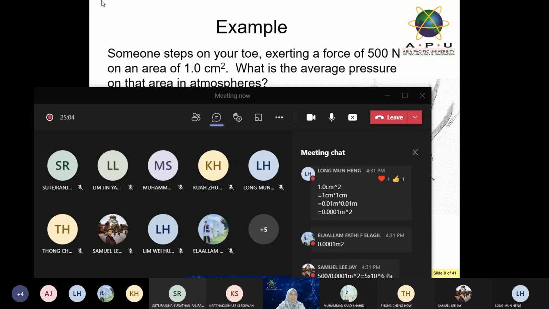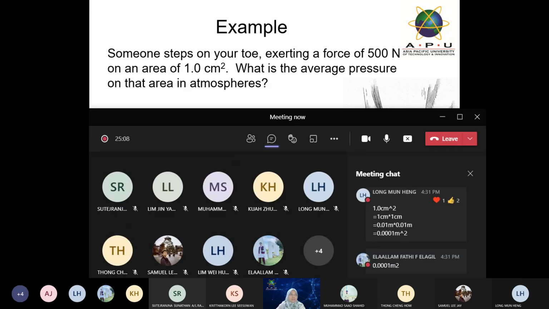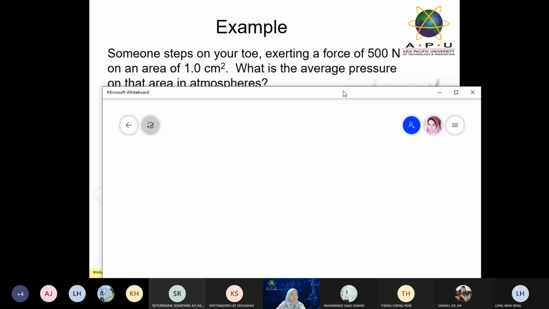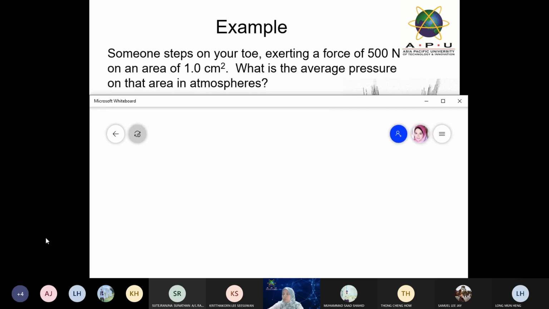Okay, so we will look at this in normal calculation, right? We got someone who doesn't know, so even if simple we need to show. So, 1 centimeter, 1 times 10 negative 2, to the power of 2. So, 1 times 10 negative 4.